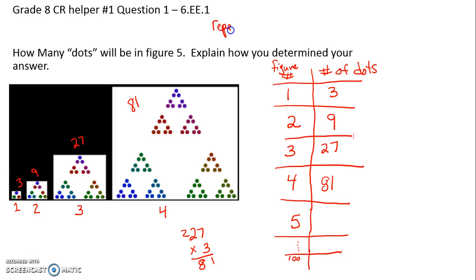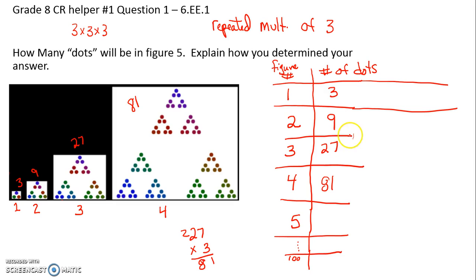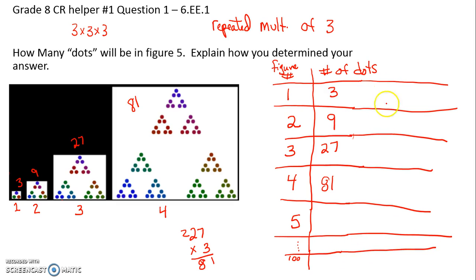Well, repeated multiplication of 3, like 3 times 3 times 3. Repeated multiplication means something. What about if we draw in our table, I'm just going to add to my table. What if I look at some repeated multiplications of 3 to try to figure out how this happens?